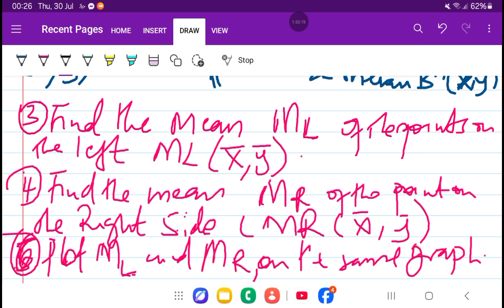Then finally, you join the points m left and then m right. You draw a straight line connecting those 3 points to form the line of best fit.